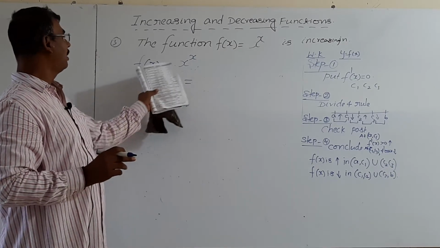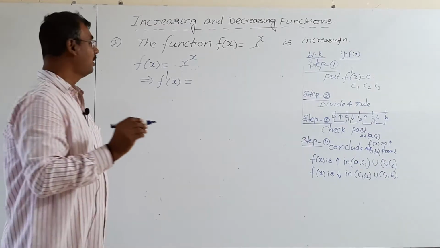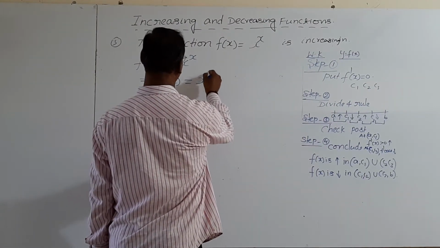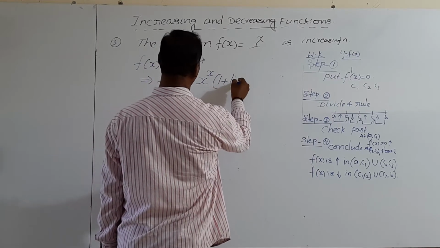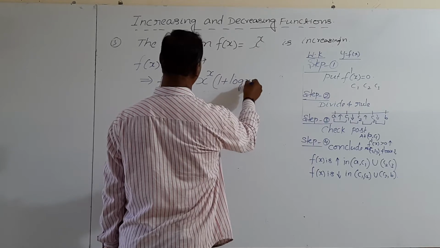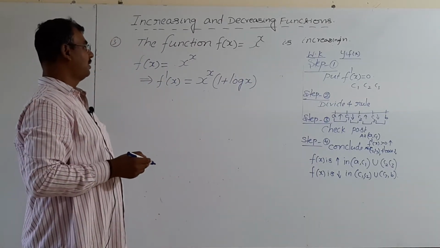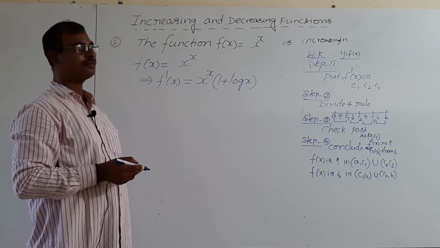What is the derivative of x raised to x? Keep in your mind. Differentiation of x raised to x is equal to x raised to x into 1 plus log x. x raised to x into 1 plus log x. Okay.